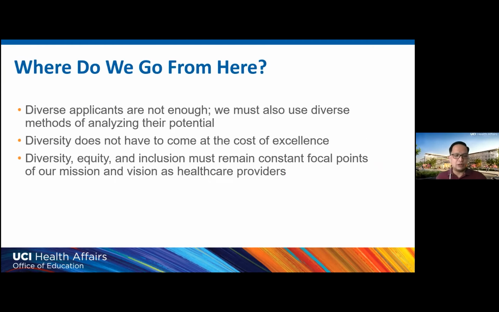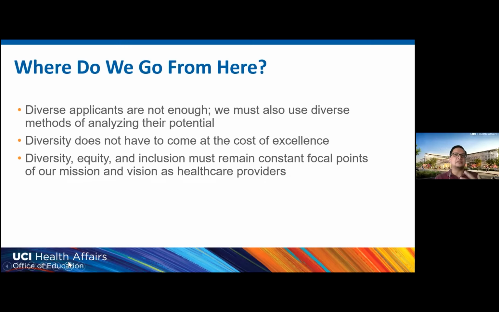So how we want to think about now moving forward how to capitalize on that momentum, because it's not merely enough to have diverse applicants, but we have to also, again, think about our mission in our various programs and departments, that we have to have diverse methods of analyzing the potential of our applicants.